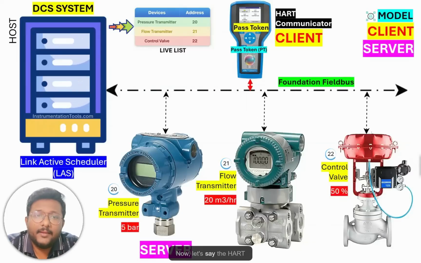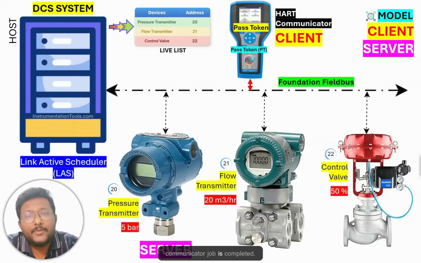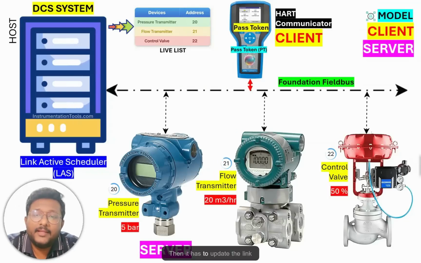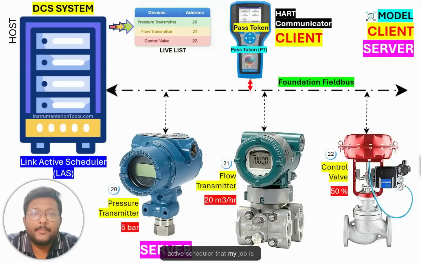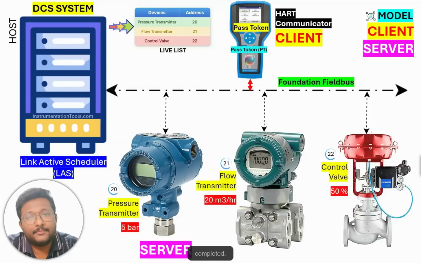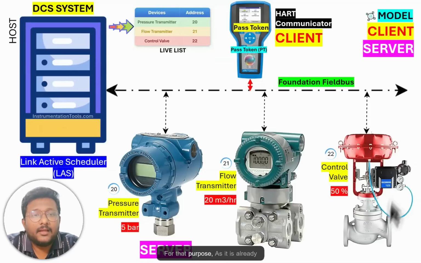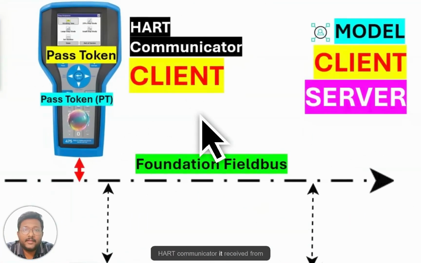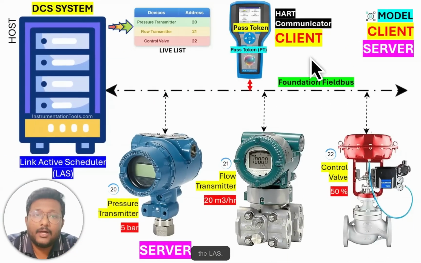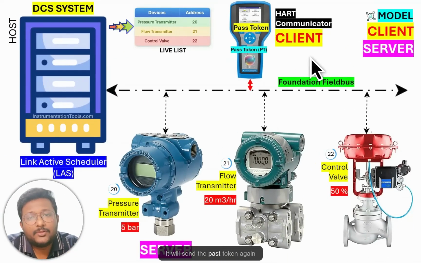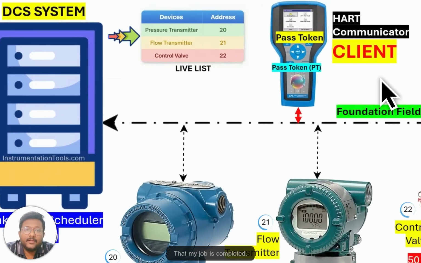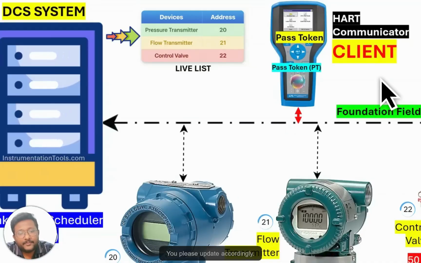Now, let's say the HART communicator's job is completed. Then it has to update the Link Active Scheduler that my job is completed. For that purpose, as it already has the pass token that it received from the LAS, it will send the pass token back to the LAS, saying my job is completed, please update accordingly.